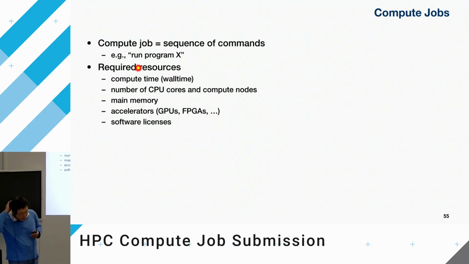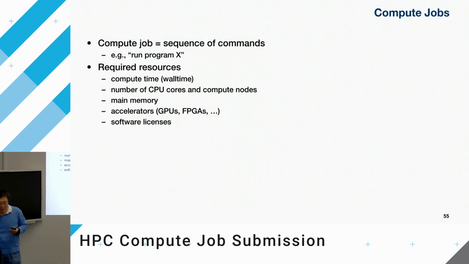And regarding the required resources, you need to provide, for example, the compute time or the wall time you would like to give for your compute job. For example, 1 day or 2 days or even longer, 1 week. And then you need to specify the number of CPU cores and also the number of compute nodes.